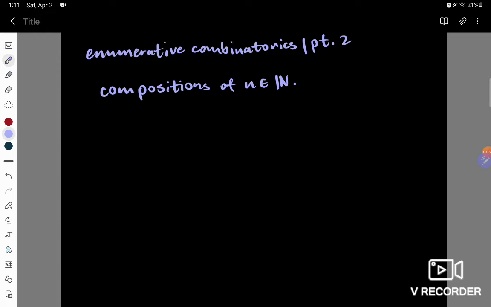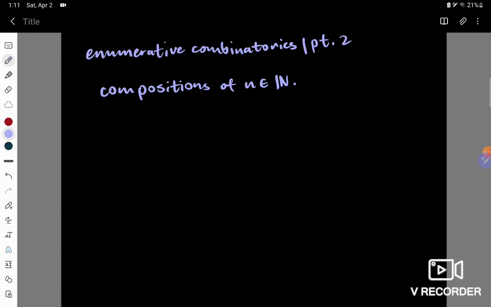We can think of a composition as an ordered sum of integers. There are certain definitions in which, by permuting the elements in the sum, you get the same thing. But for a composition, the order does in fact matter.